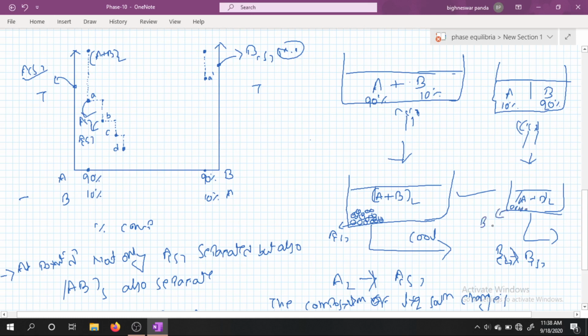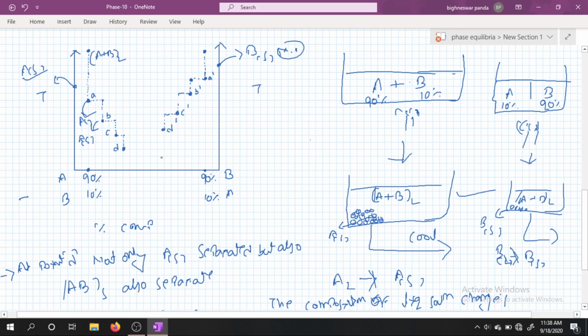Here it is our B solid. Some B solids are being formed, so the composition of A plus B liquid is changed. Upon further cooling, I am getting B dash, so the composition is again changed. Upon cooling, I am getting C dash.